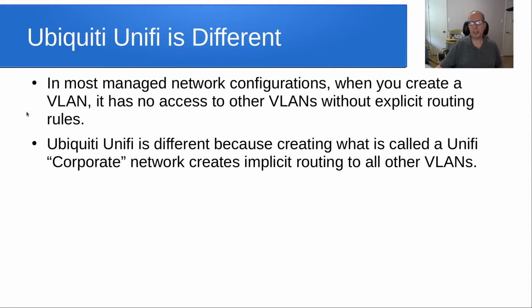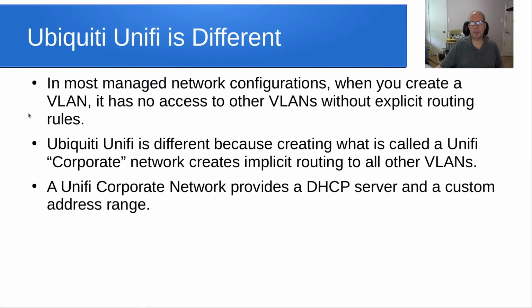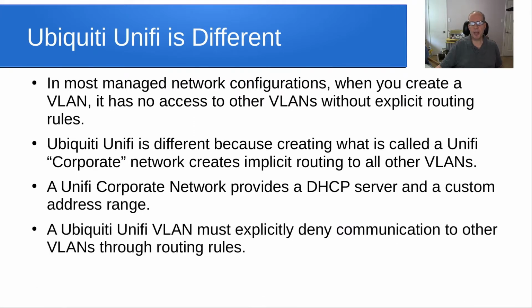Ubiquiti Unifi is different because creating what is called the Unifi corporate network creates implicit routing to all other VLANs. A Unifi corporate network provides a DHCP server and a custom address range. A Ubiquiti Unifi VLAN must explicitly deny communication to other VLANs through routing rules.